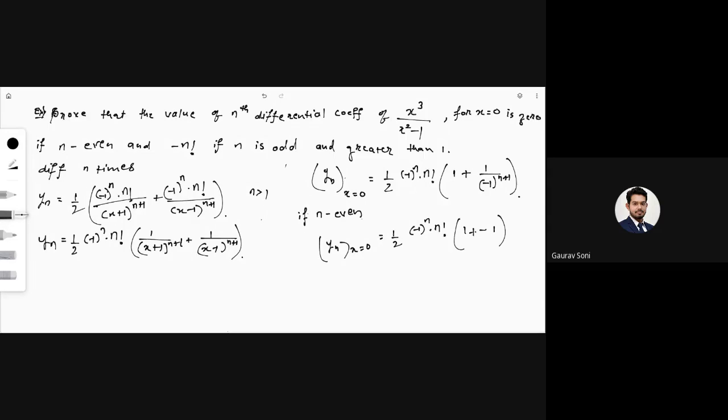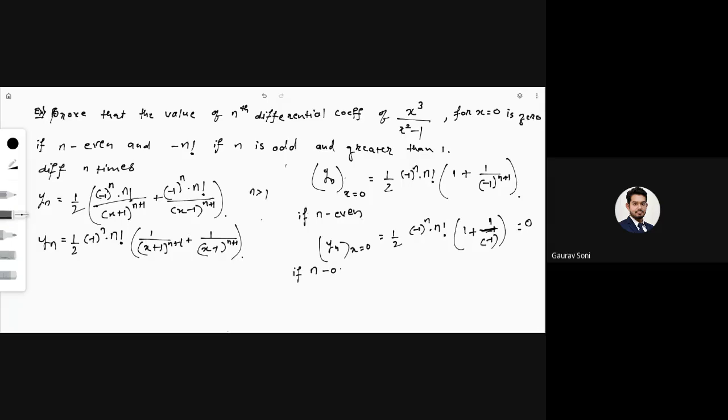So in this case I can write 1 upon minus 1, since you will have even number plus 1, that will become odd. Minus 1 raised to an odd number is minus 1. So the total answer will become 0 if n is even.